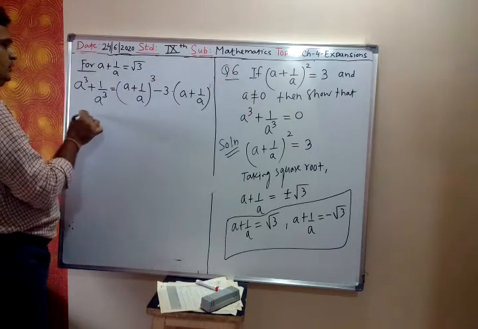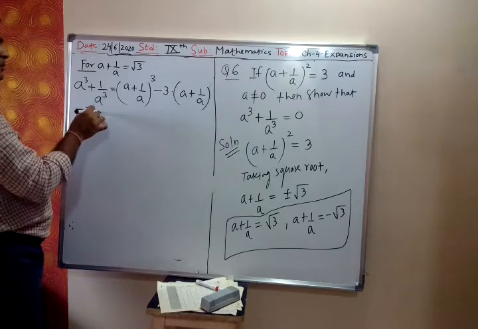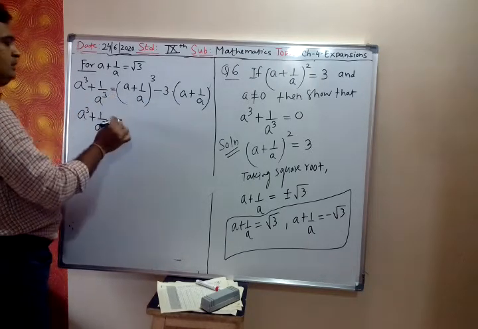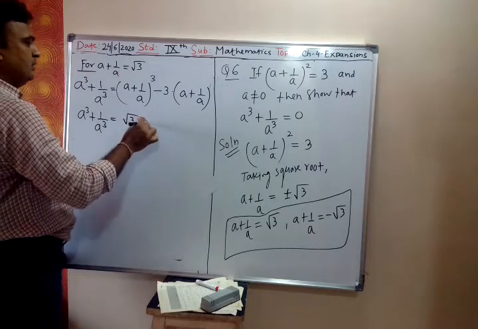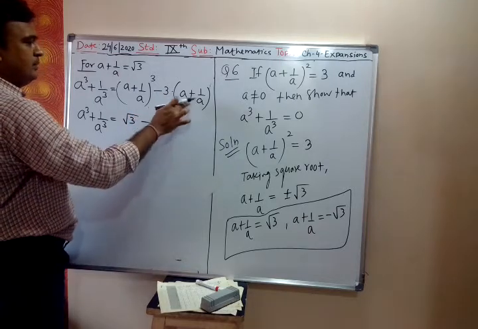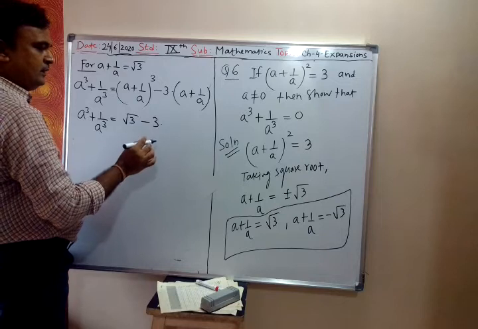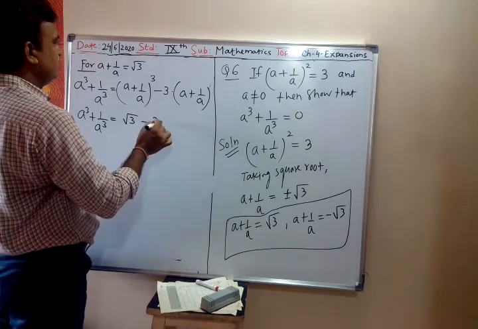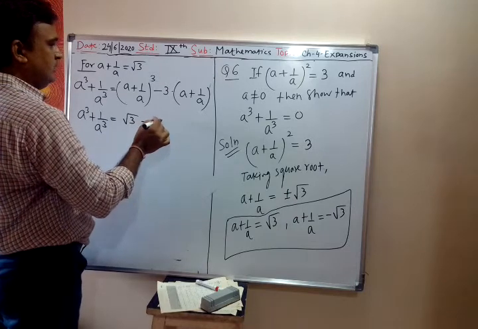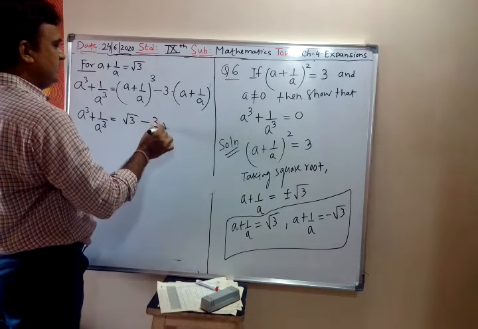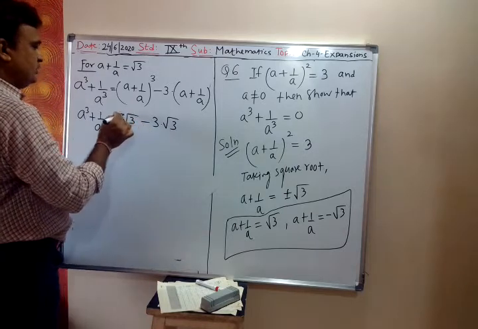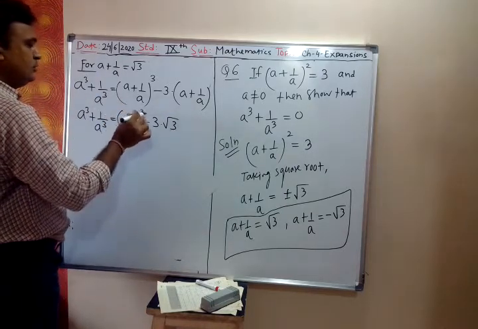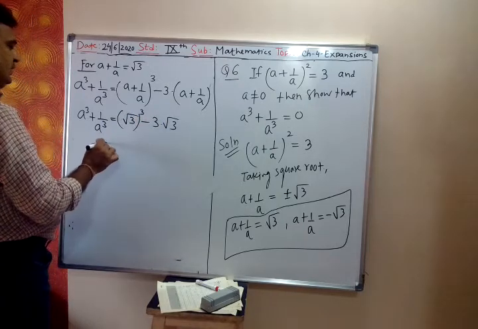So a cube plus 1 upon a cube is root 3 cube minus 3 into root 3, since a plus 1 upon a is root 3. Now we simplify.